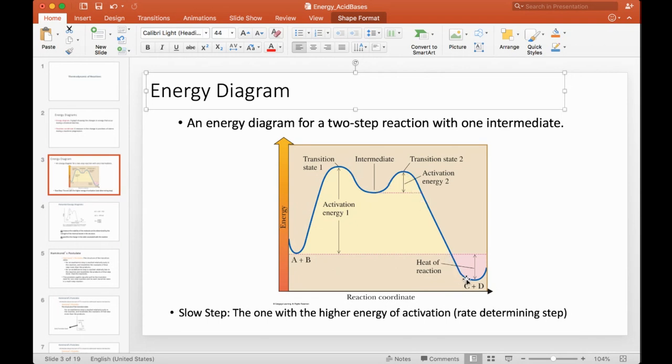When there are multiple steps, the step with a higher energy of activation will be the rate determining step, or the slower step. And you will remember that next semester: if you're looking at the overall reaction rate of a reaction, you need to focus on only one step, the slow step.